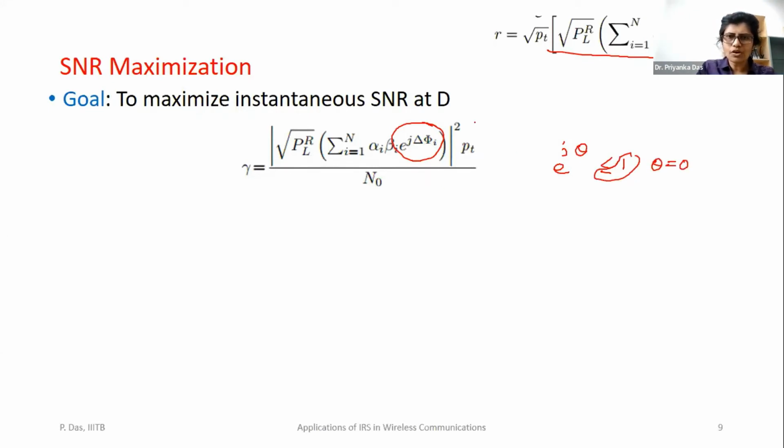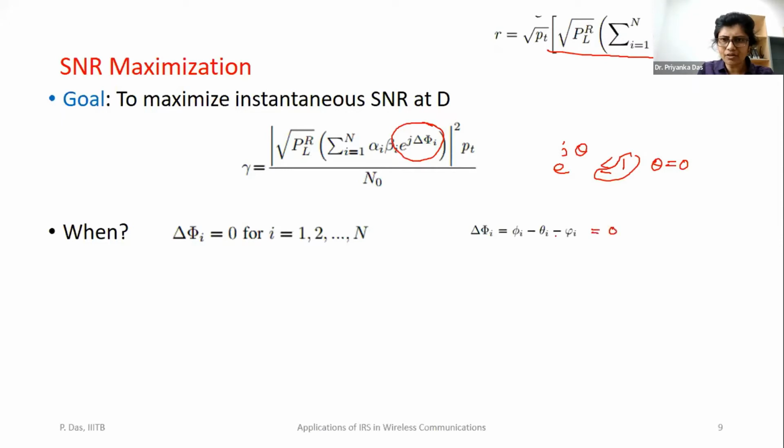So I can get maximum SNR under what condition? When your delta phi I is equal to 0 for all I. So the IRS ith element phase shift has to be equal to the summation of theta plus psi, where theta plus psi is your channel angle of SR, and this is the angle of RD for the ith element.